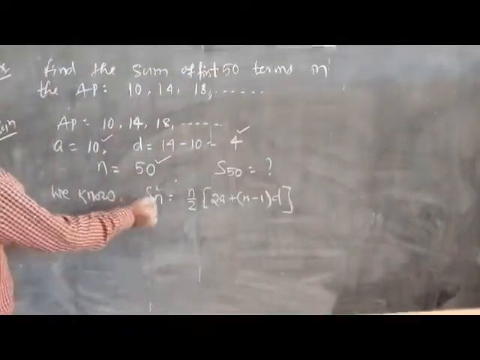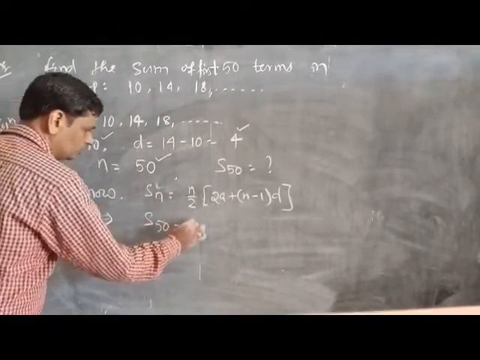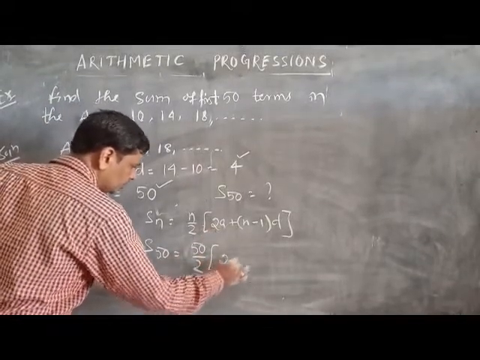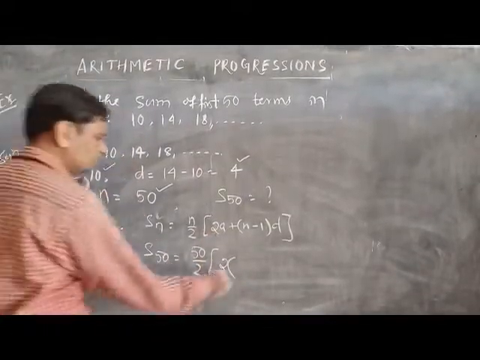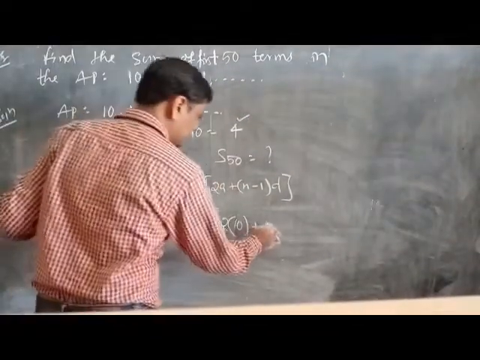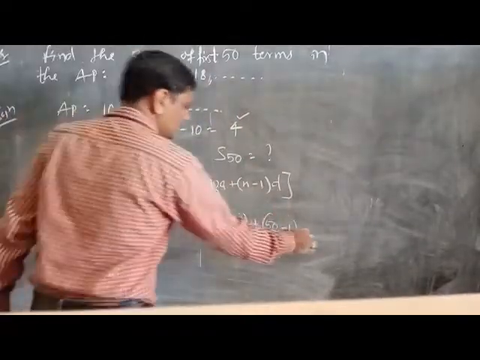So S50 is 50 by 2 into 2 into 10 plus 50 minus 1 into 4.